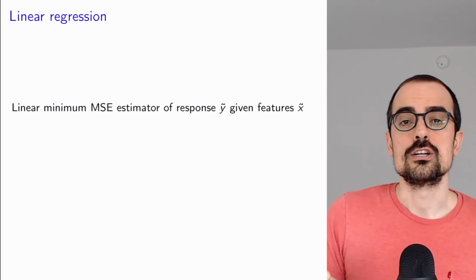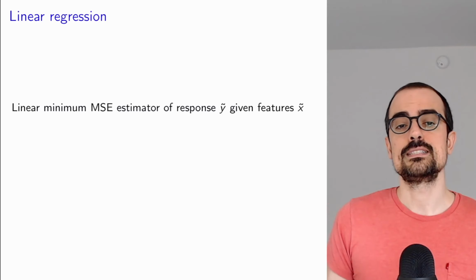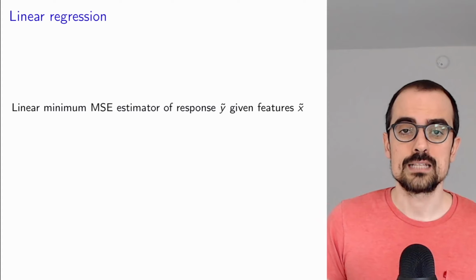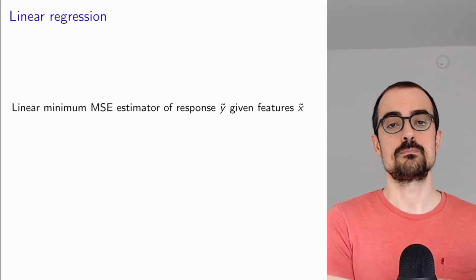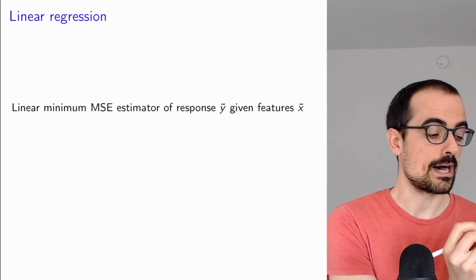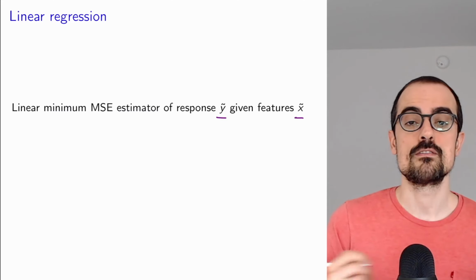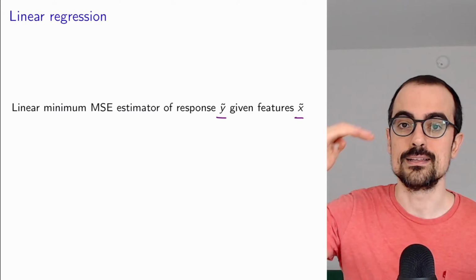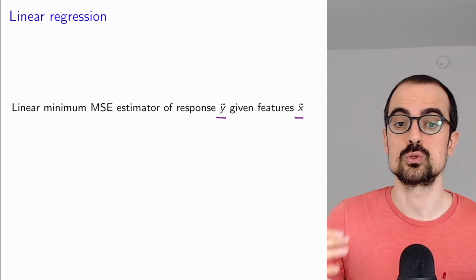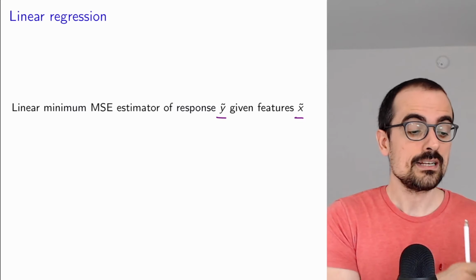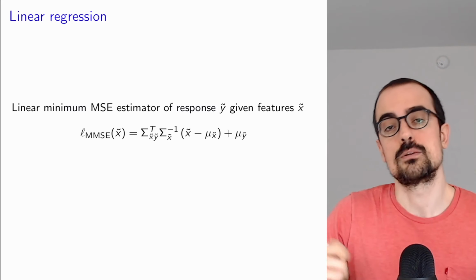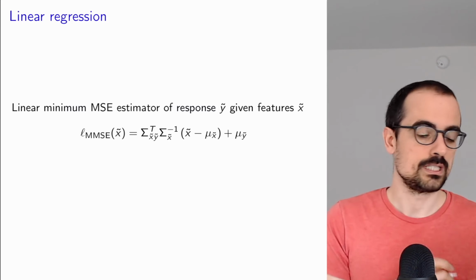In our video on linear minimum mean squared error estimation, we showed that if we represent the response as a random variable y and the features as a random vector x with d entries, where each entry corresponds to a feature, then the optimal linear estimator in terms of mean squared error is of this form.